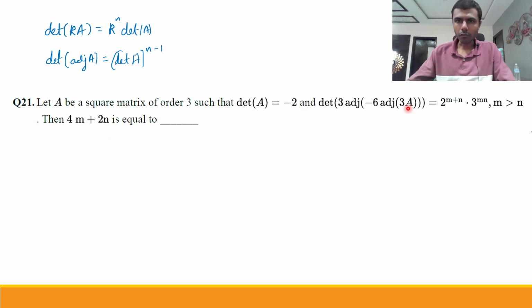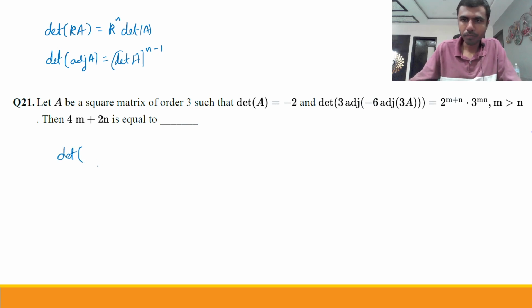Now see, I won't be writing a lot. This is what we need to find out, right? Det of, listen carefully, det of 3 times adjoint of -6 times adjoint of 3A.